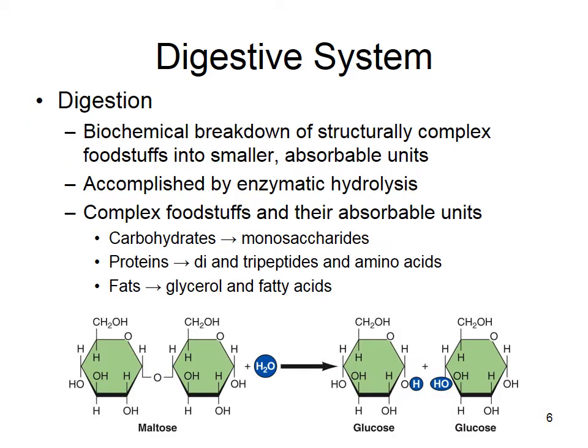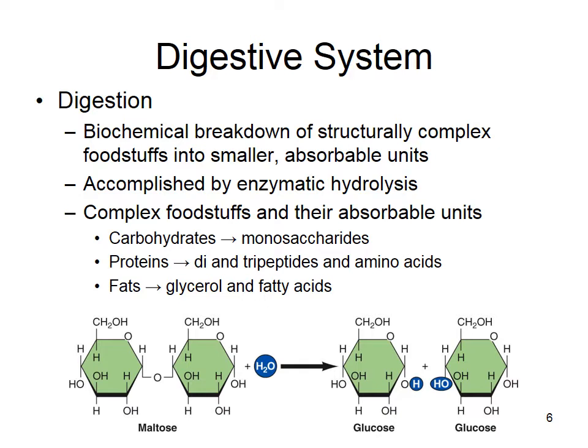So digestion is the biochemical breakdown of complex macromolecules into absorbable units. The enzymes in your GI tract do hydrolysis. Just as a reminder, since we haven't talked about this in a long time, here we've got a disaccharide, maltose.